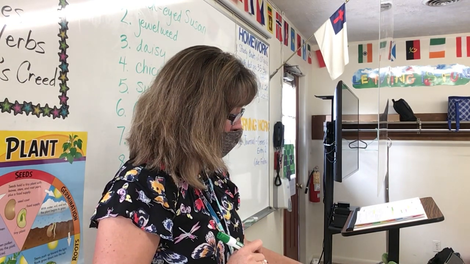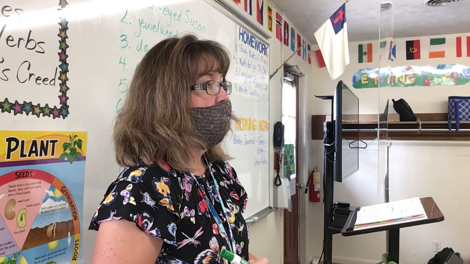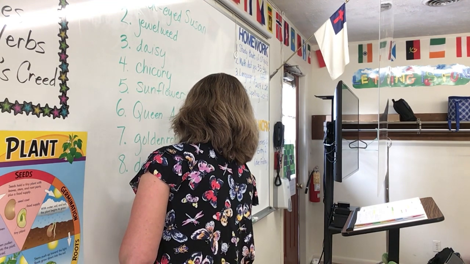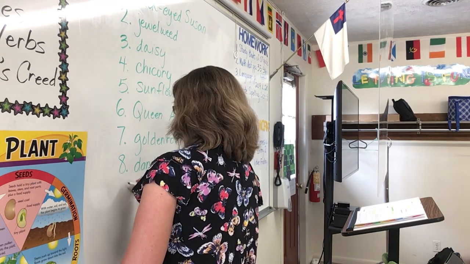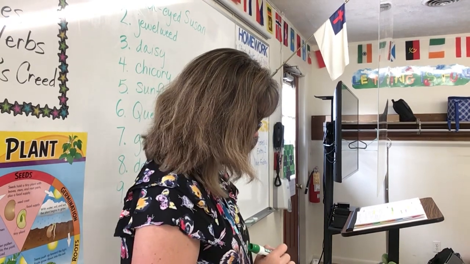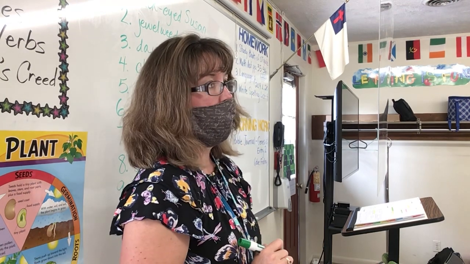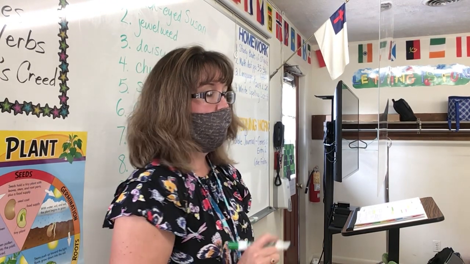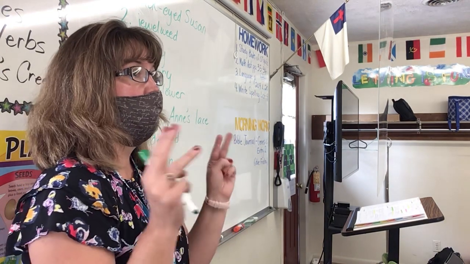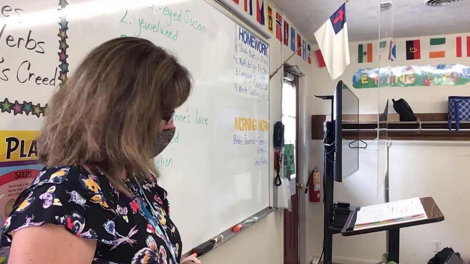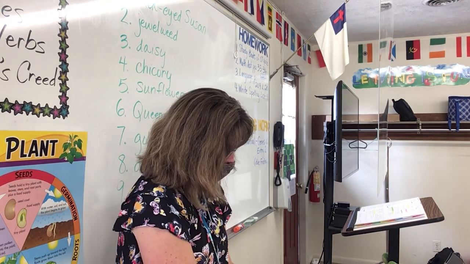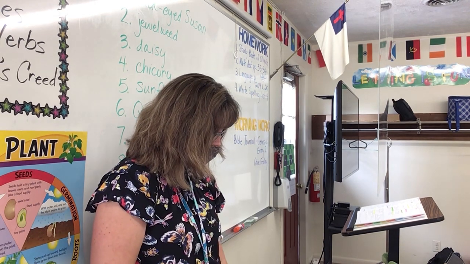And then number 8. What is that? Dandelion. That's a weed. Number 9. This is actually the September flower. Every month of the year has a flower, and it has a birthstone. What would this be? This is on page 55.